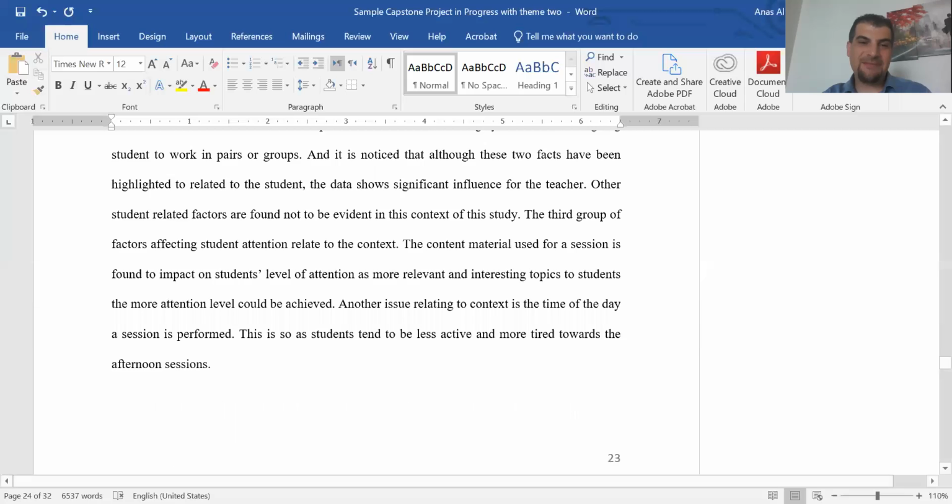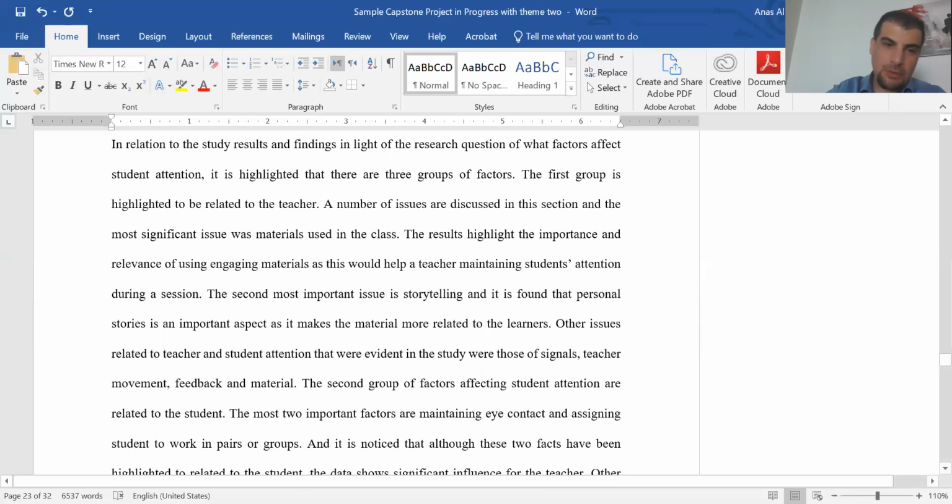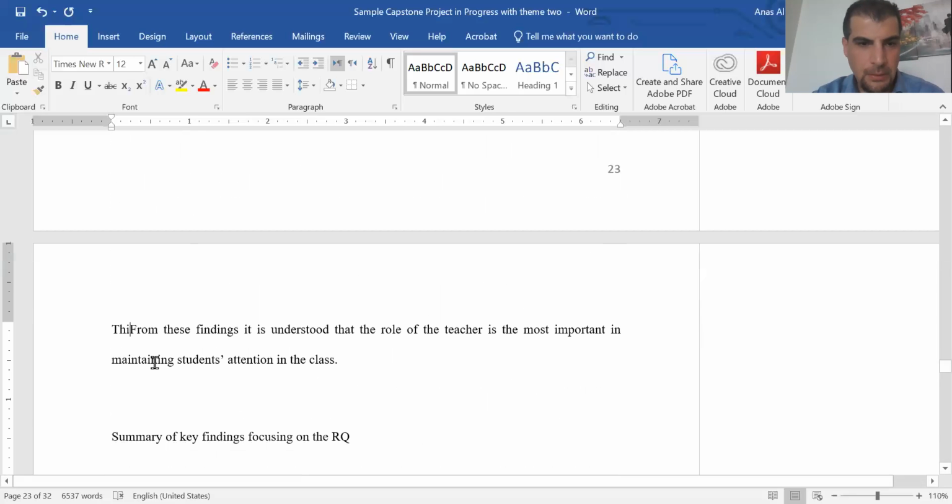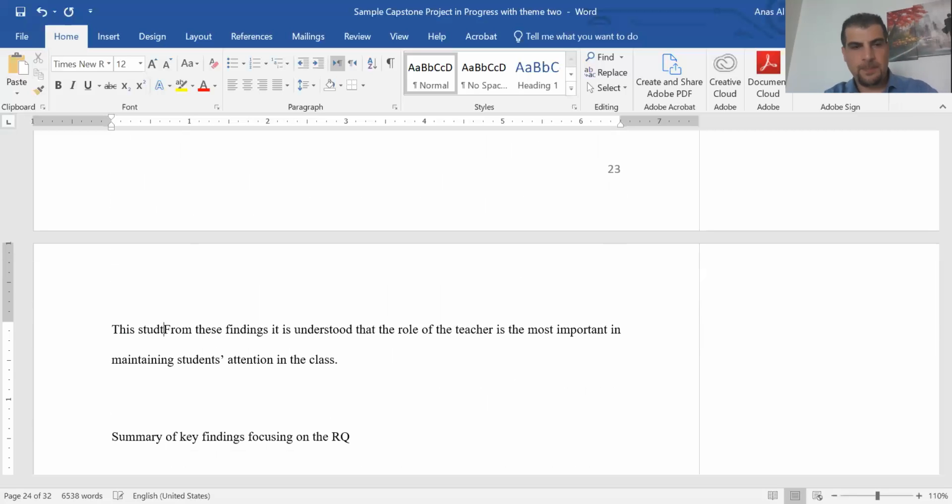So in the second paragraph, as I recall, I'll be talking about recommendations. I want to see now what kind of recommendations the study offers.